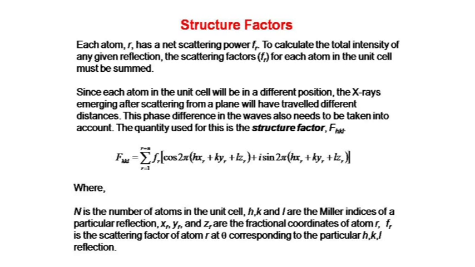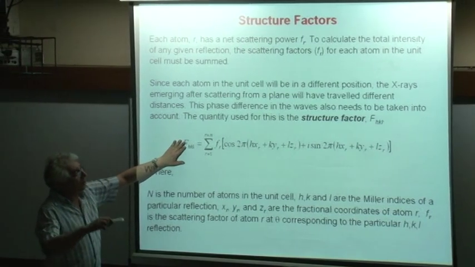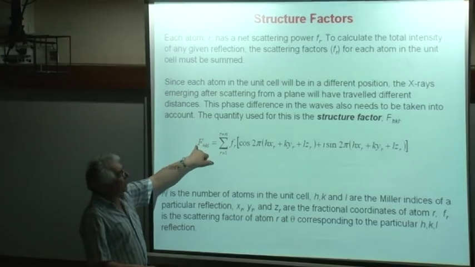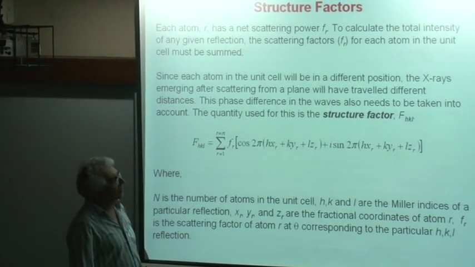So how do we do that? We do that using this thing called the structure factor. This structure factor relates the, well, we won't talk about intensities yet. Let's look how we calculate this structure factor.